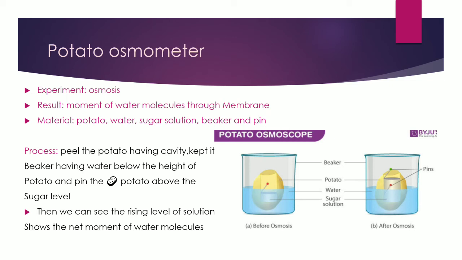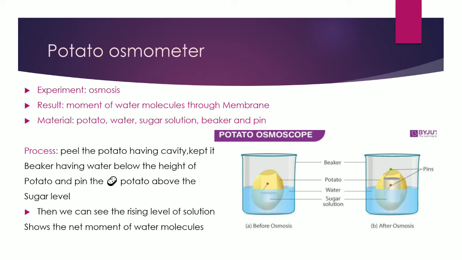First of all, we have to take a potato, peel the skin and make a cavity in it. Place the potato in a bowl or a beaker having pure water, meaning drinking water as you usually drink, but it doesn't have to touch the level.